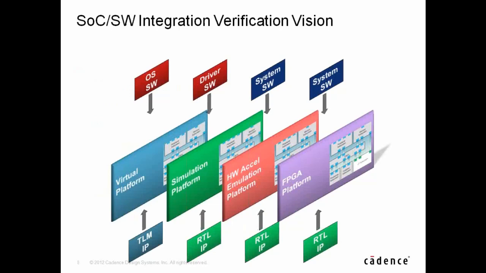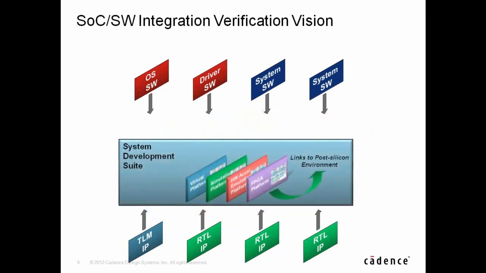So our vision really is to take these multiple platforms, and Cadence has 4: the VSP platform, the Incisive, Palladium, and RPP. The idea is to try and make those more and more look like one engine that you can move between.